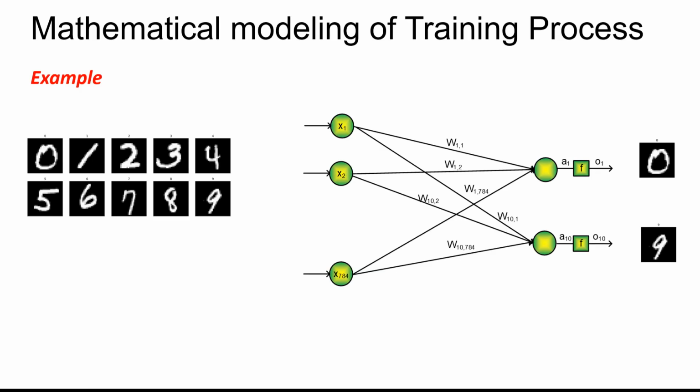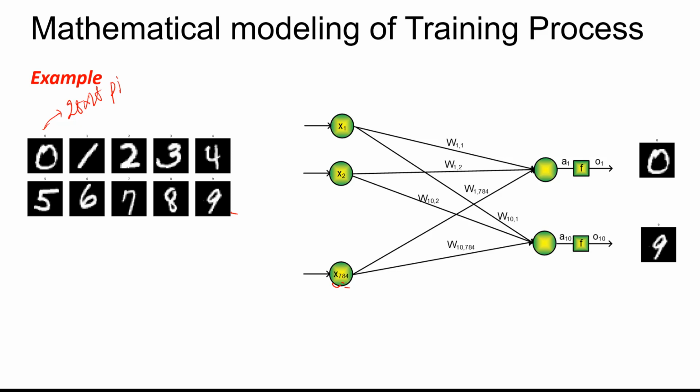For intuitive understanding, we take a very simple example. Suppose we have 10 digits from 0 to 9 and we want to classify them into 10 classes. Each image is 28 by 28 pixels. This can be done by using a network of 10 neurons with 784 inputs to recognize the images one by one.